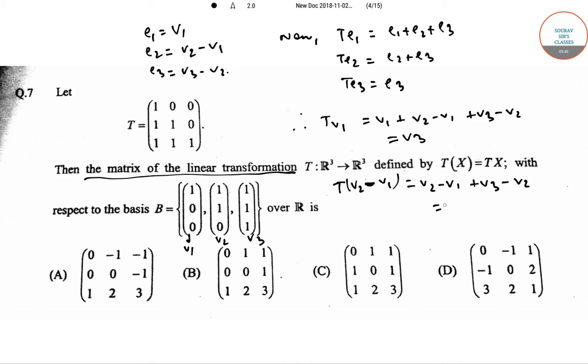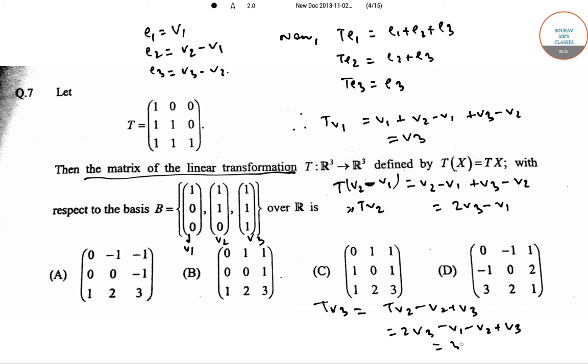That is, TV2 is equal to 2V3 minus V1, and TV3 is equal to TV2 minus V2 plus V3, that is 2V3 minus V1 minus V2 plus V3, which is equal to 3V3 minus V1 minus V2.